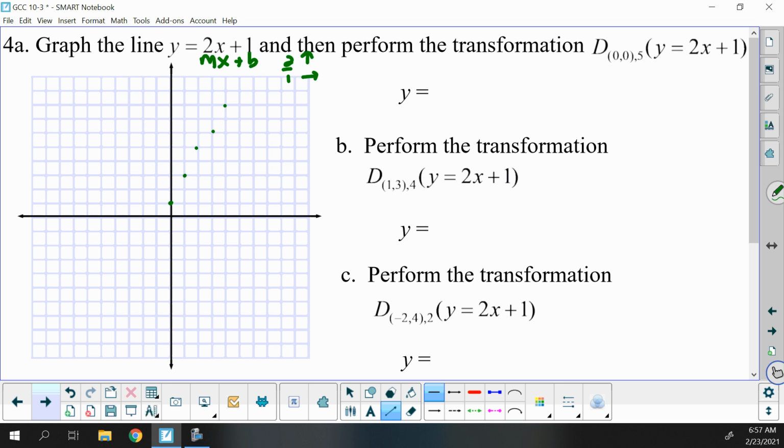Oops, that point's off. And then repeat that in the other direction. And then once you have that, connect those with your straight edge. We'll put arrows on them, and we'll label our equation.